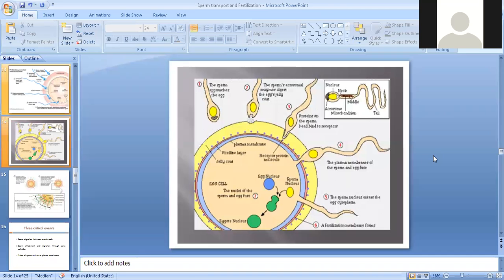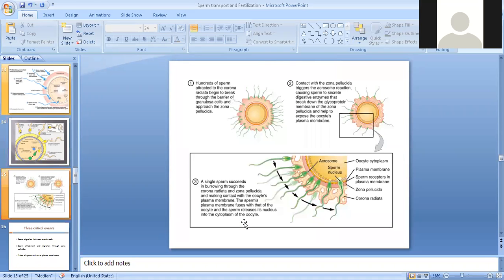Okay. So this egg nucleus as well as sperm nucleus come in close contact and fuse together, which forms the zygote's nucleus. So this is another picture depicting this entry of sperm nucleus into the ovum nucleus.